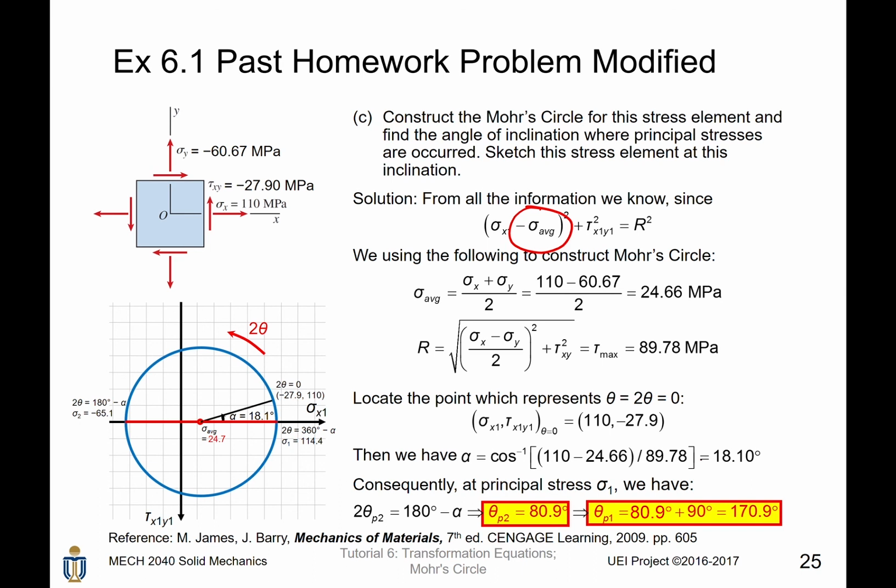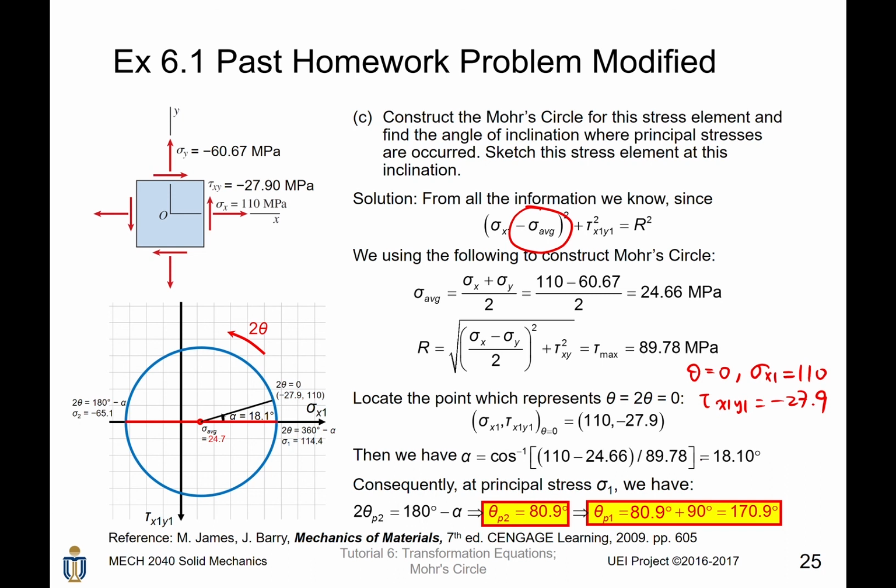In the previous parts, at theta equals 0, we know that sigma x1 equals 110 million pascals, and consequently we used our transformation equation to find that the shear stress is given by minus 27.9 million pascals.